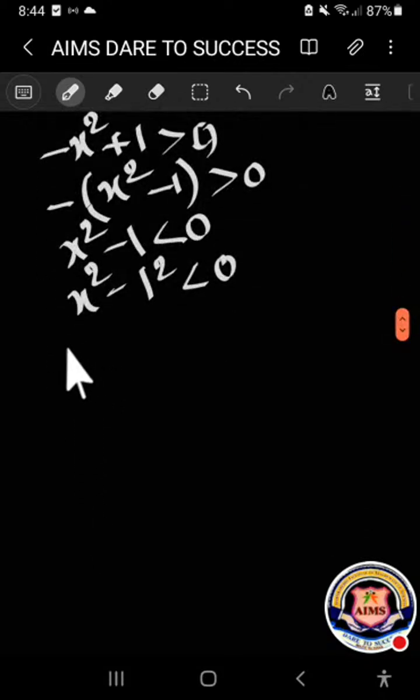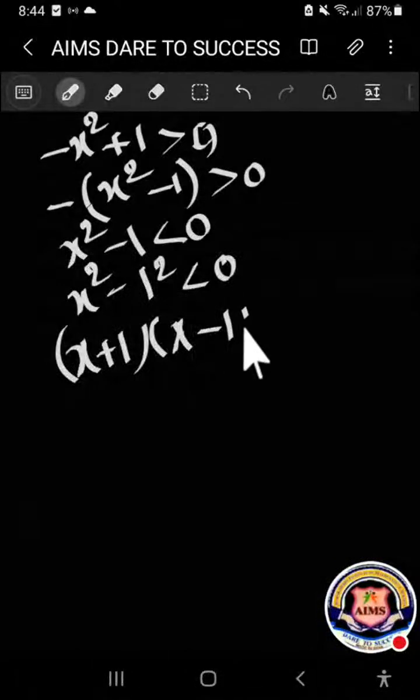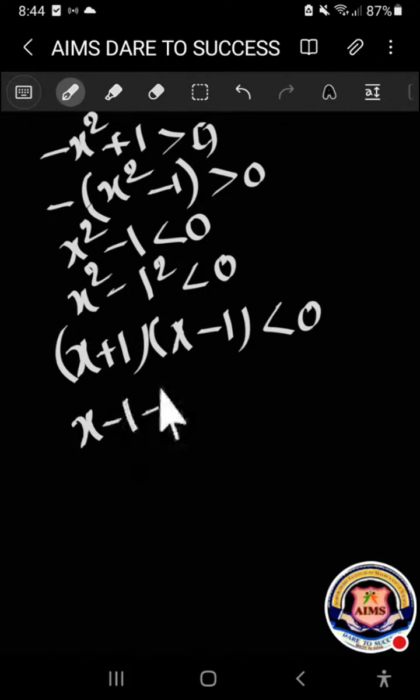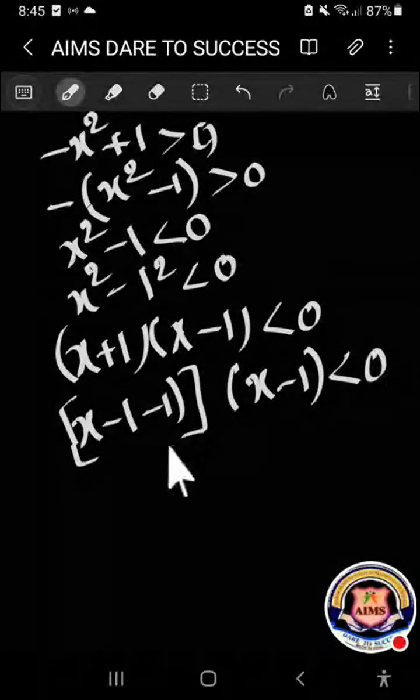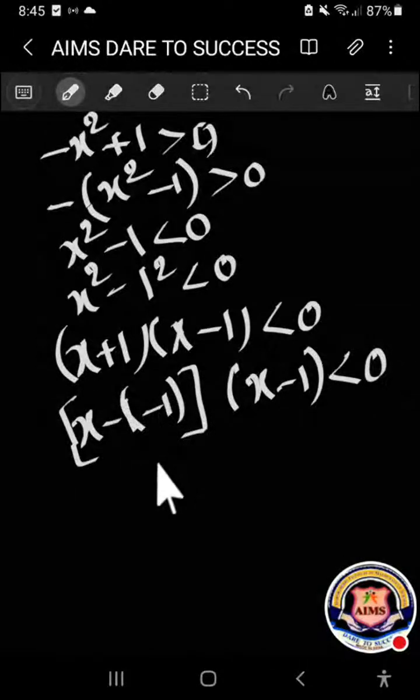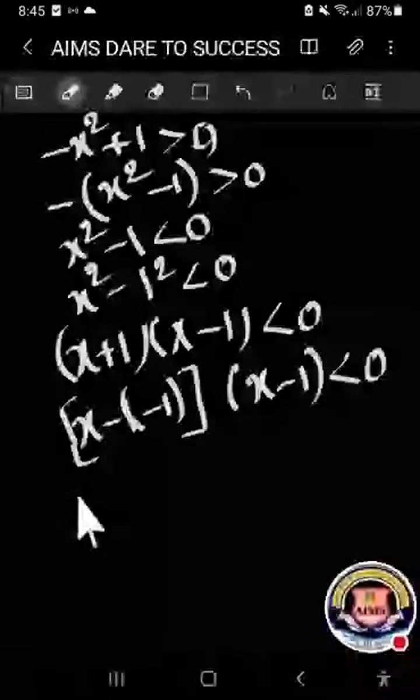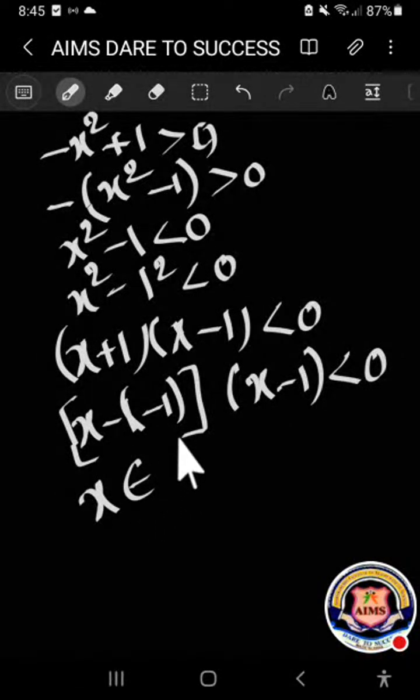So like that, a square minus b square is a plus b into a minus b, less than or equal to 0. A plus b into a minus b is a square minus b square, and x plus 1 can be written as x minus of minus 1, into x minus 1 is less than 0. If you get it like this, x minus of minus 1 into x minus 1, so x belongs to an open interval.